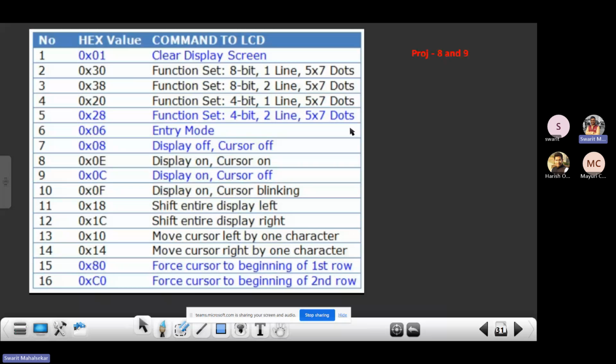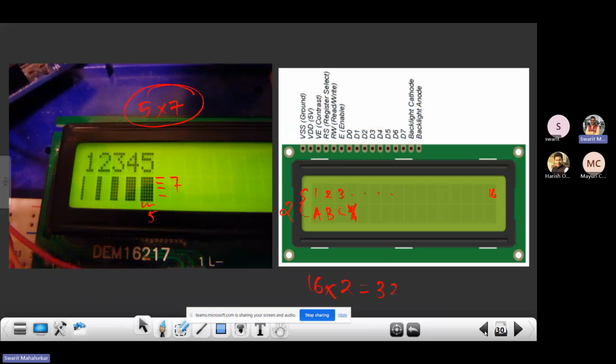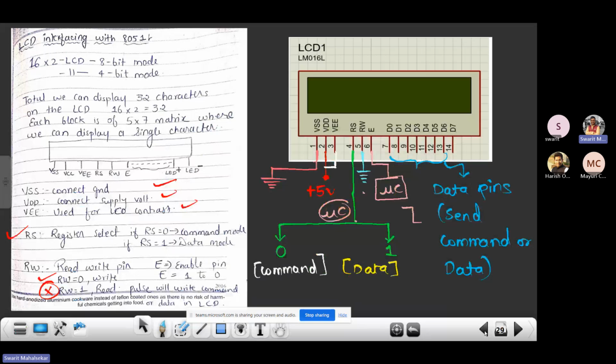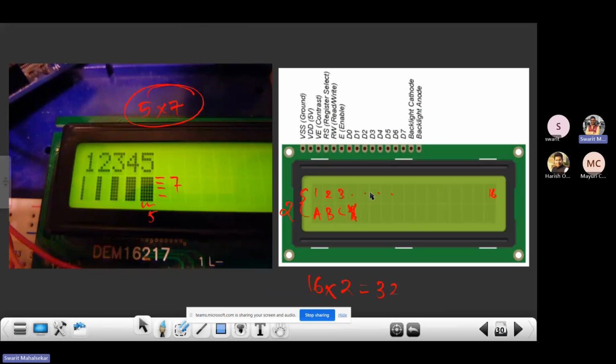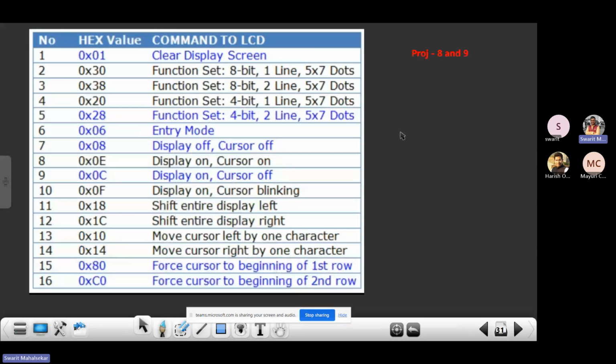What does that mean? I will be using all the 8 data lines, and I will be using both of the two rows, and I want each of the blocks present inside these rows to be enabled. So basically it is used to enable the 8 data lines, two rows, and 5 by 7 dots.